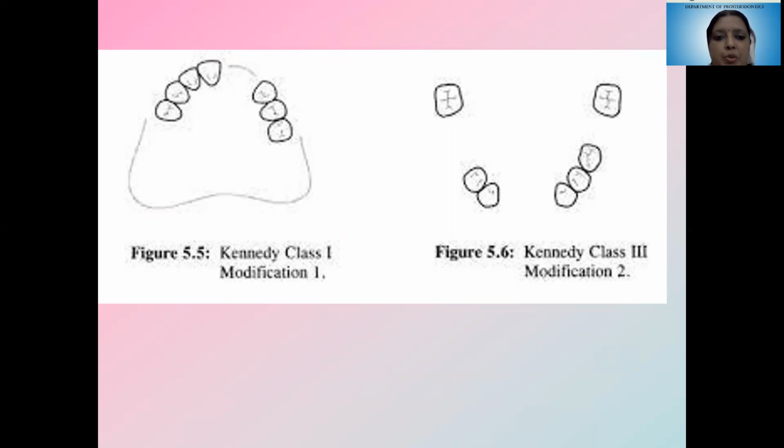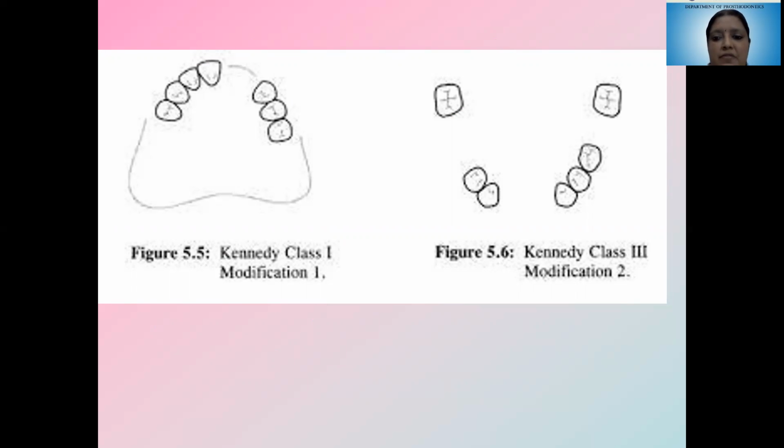So the most posterior area determines the classification. Here it's Kennedy's class 1. Additional edentulous areas are called modification spaces. The number of missing teeth is not important, only how many extra edentulous areas are there. So this is Kennedy's class 1 modification 1.